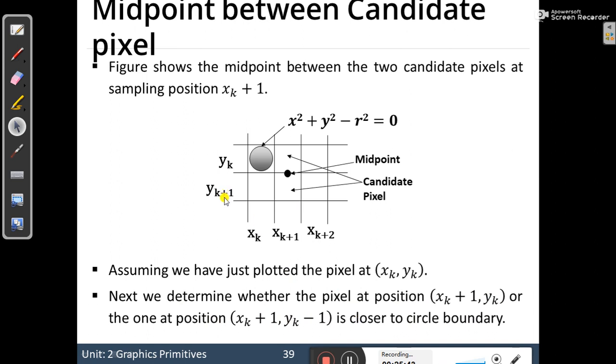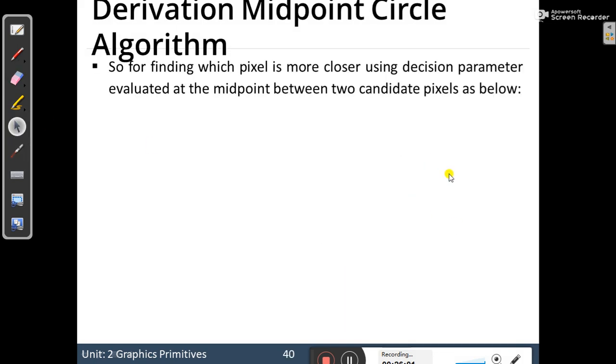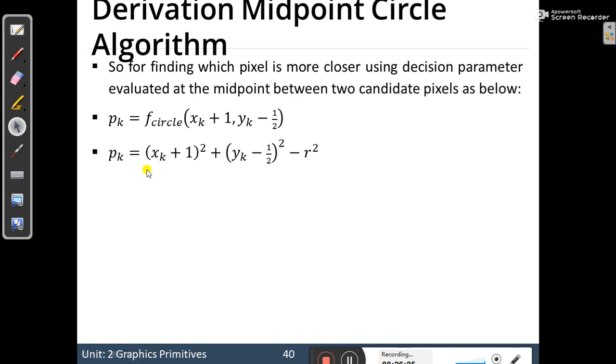This should be minus 1, there is some error here. So it is saying that this point or this point is closer to the boundary. For pk, our next point will be xk, the current point, plus 1 to increment x, and we need to find the midpoint, yk minus half, according to the midpoint.